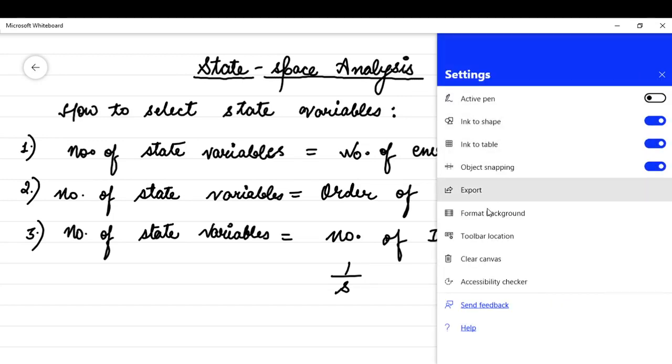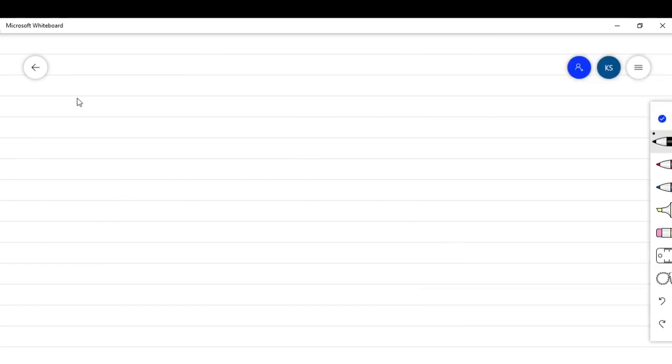Now I will discuss how to develop a state space model of an electrical circuit. So I have taken a simple series RLC network.